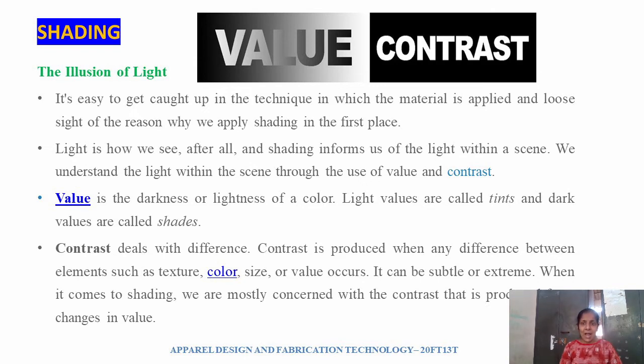If we stand in front of light, the area on which the light is focused, where the light hits any object, that area will be taken as the value of that light, and the opposite direction of the light on that particular object will be considered the contrast area. So, the contrast area has to be shaded particularly.